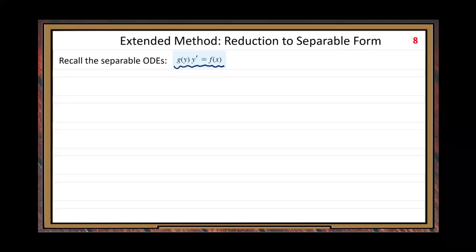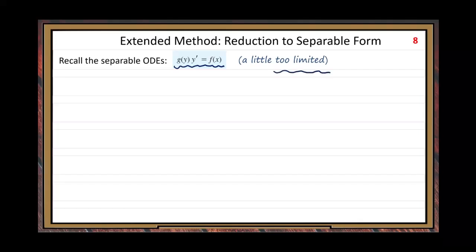So the problem is, how many ODEs can we write in this form? In general, the number of ODEs that we can write into the separable form is usually not too many. If we have to stick to this form for separable ODEs, then it's too limited.